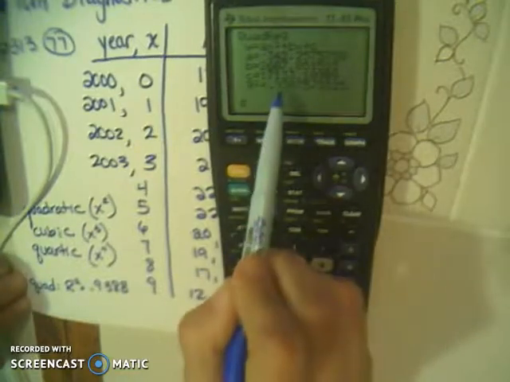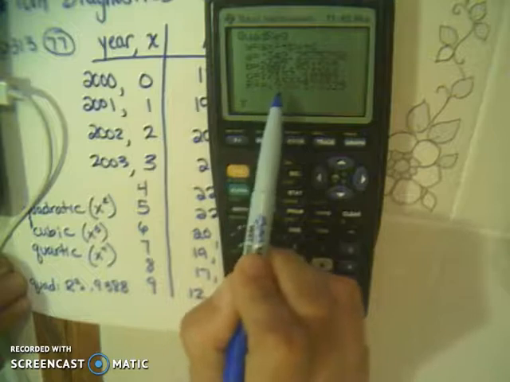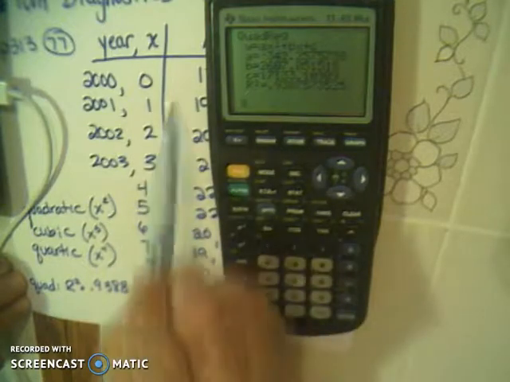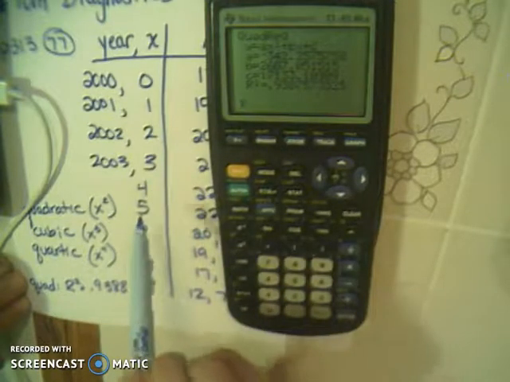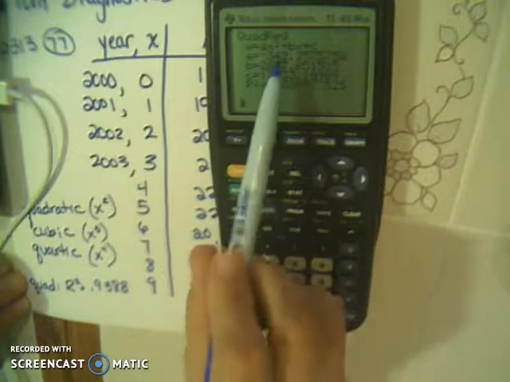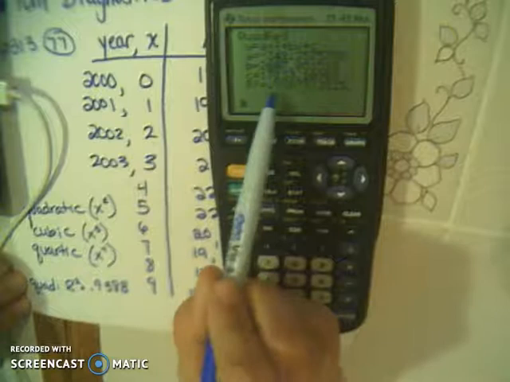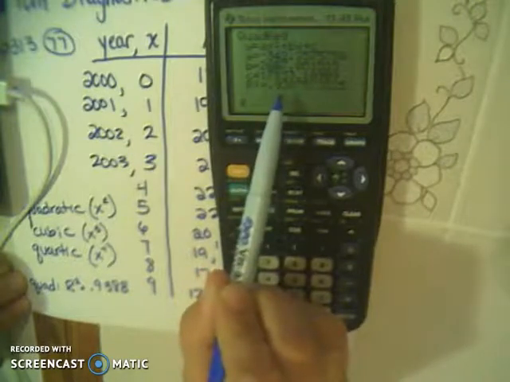The closer that number is to 1, the better. If it's equal to 1, that means these points fit exactly perfectly onto the parabola. Now, these points don't fit perfectly onto this parabola, but they're really, really close. So that's a really high number, really close to 1.